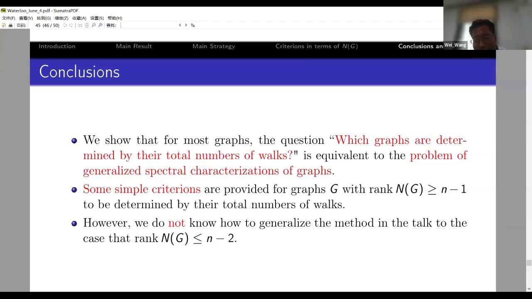So in this case, we can give some criteria for graphs to be determined by their walk numbers. But in other cases, we cannot say anything, if the rank of the walk matrix is small, less than or equal to n-2.